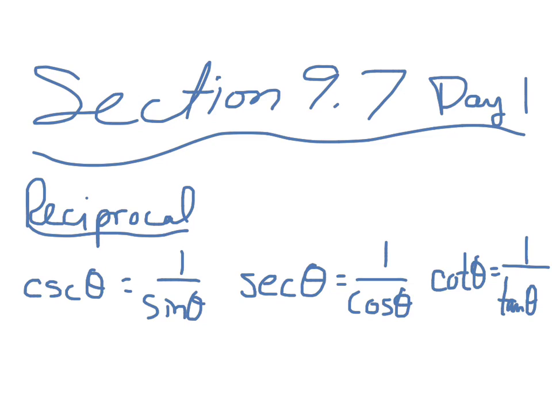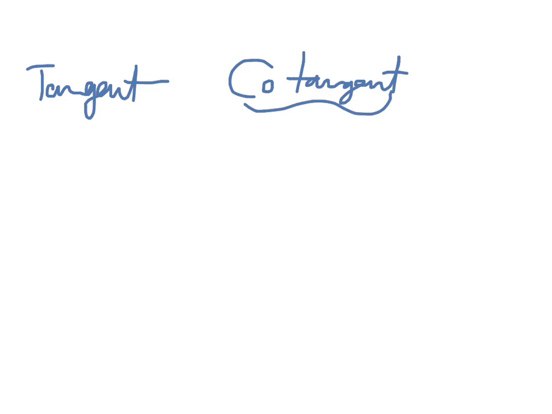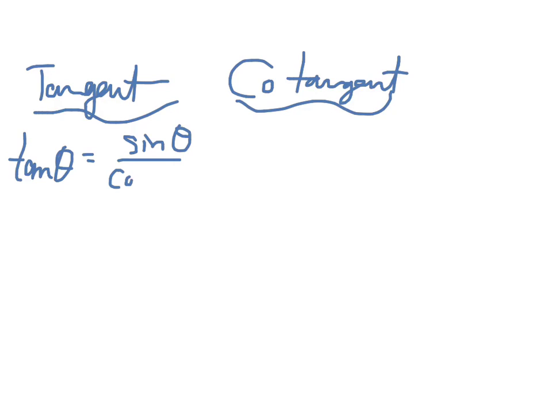Very good. The next type of identity are the tangent and cotangent. And we'll use these, but not necessarily today. The tangent is really the sine over the cosine. So what do you think cotangent is?